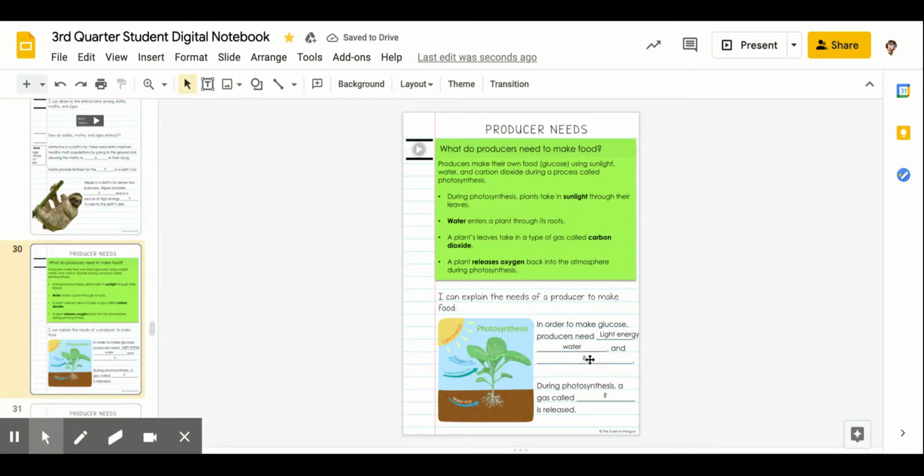And they also need carbon dioxide. During photosynthesis, a gas called oxygen, which is what we need to breathe, is released.